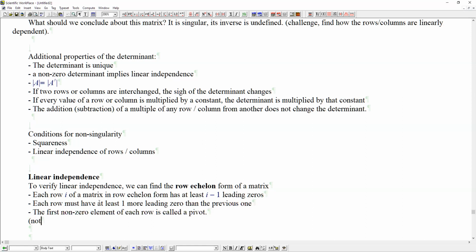Also note, a non-square matrix may also be put in row echelon form.